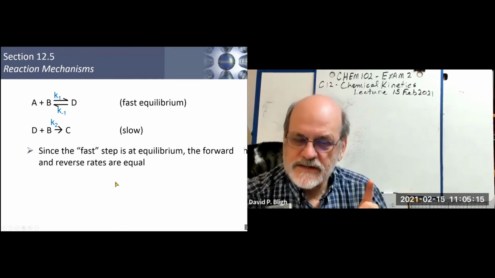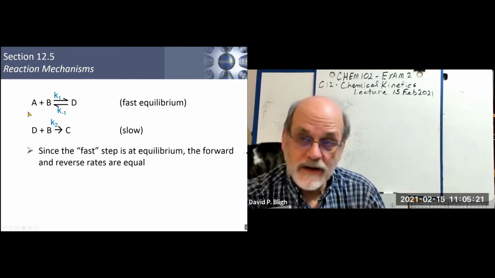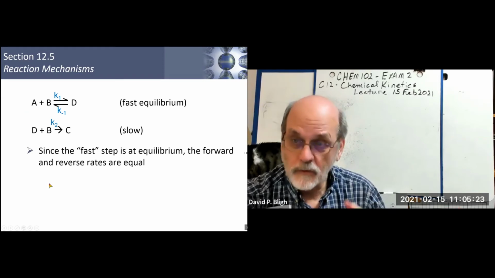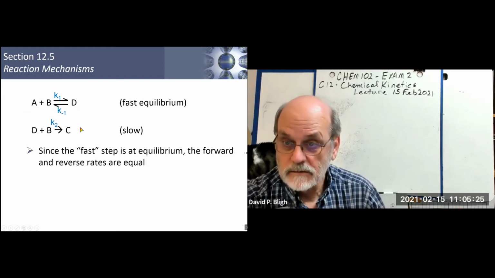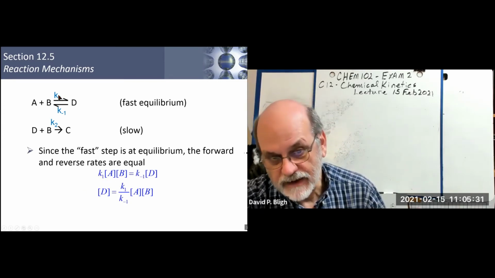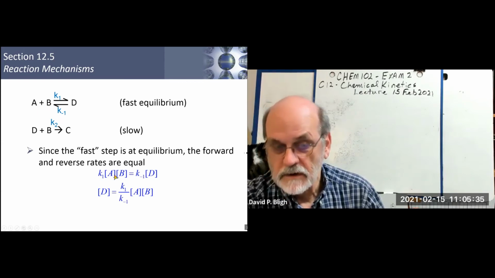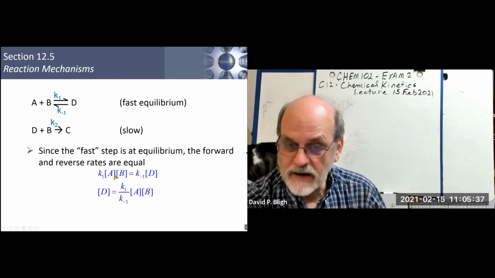First thing we notice is that this fast equilibrium says that the rate forward is equal to the rate backwards. So we can write a rate law for this one, right? So there's K1 times AB, right? K1 times A, first order, and B, first order. That's the rate for the forward reaction.